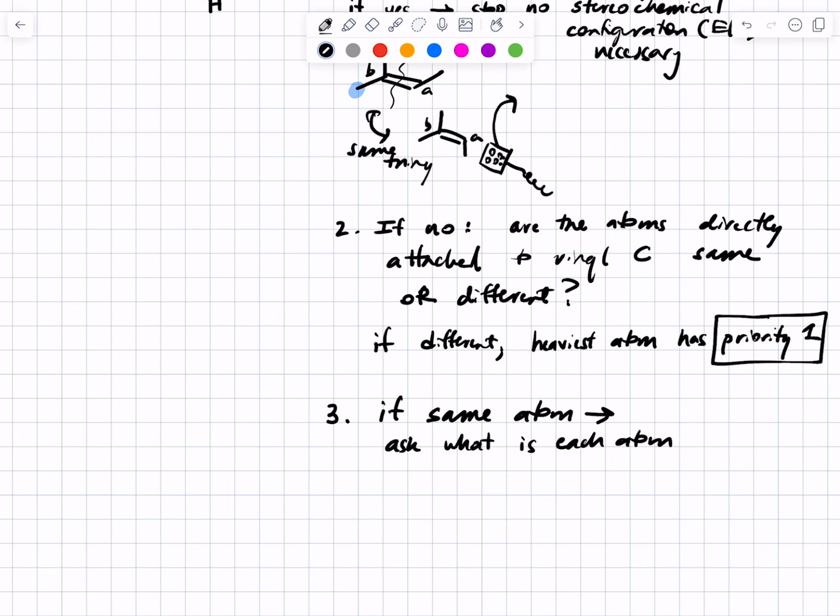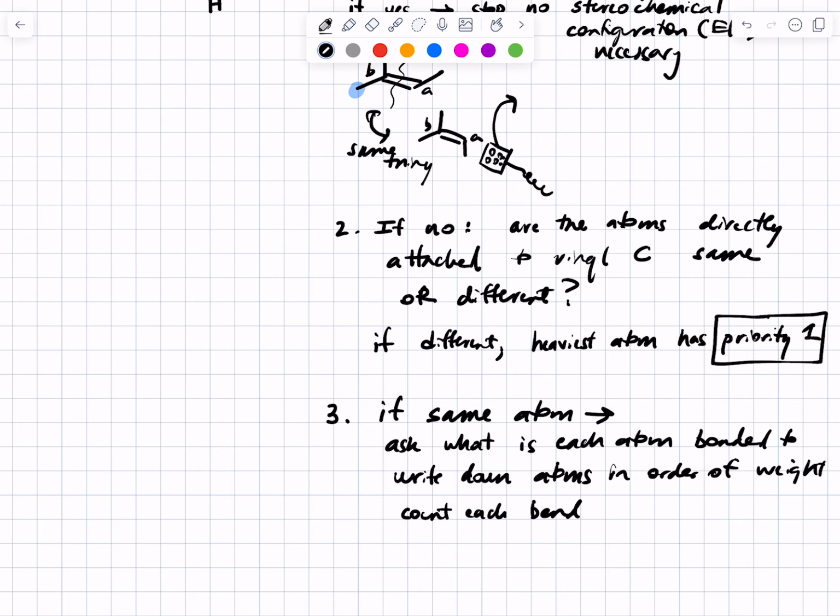You're going to write down the atoms that atom is bonded to in order of weight or atomic mass, atom by atom, and you're going to count each bond.